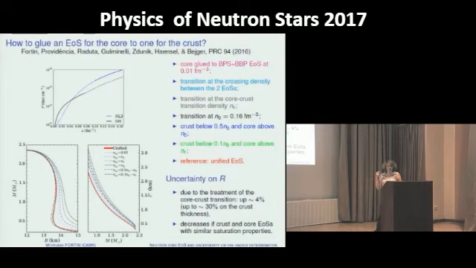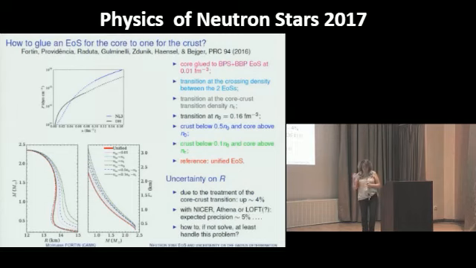This is not an observational uncertainty. This is purely theoretical uncertainty, which is due to the way you connect the core and the crust. And this is actually quite worrying in the sense that the next generation of X-ray telescopes, for example NICER, Athena or LOFT, are supposed to measure the radii with a similar uncertainty. So you really have to tackle this problem.